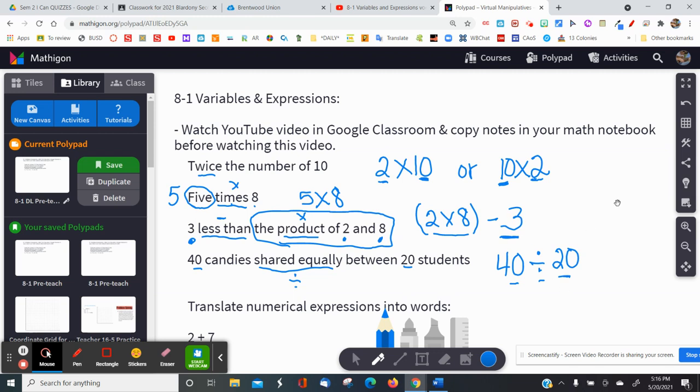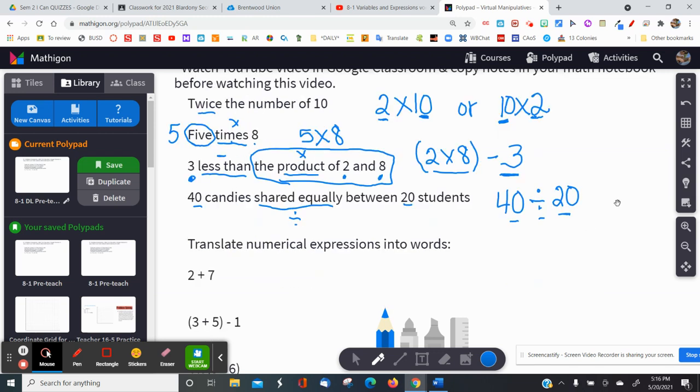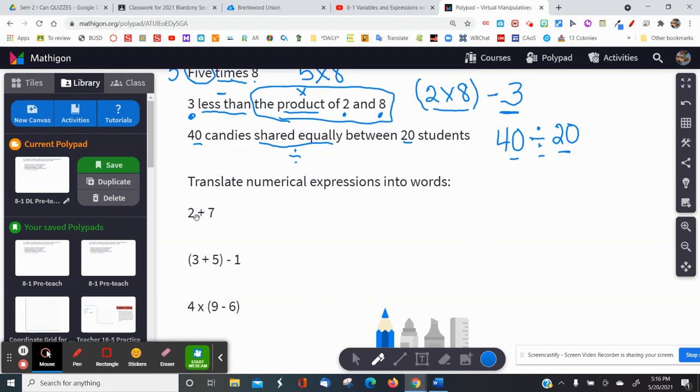Okay, so now we're going to work on doing the opposite. Now we're going to translate the numbers into word form. And there's more than one right answer here. So let's just attack this first one. When I read this problem, I see 2 plus 7. So I could literally write that phrase, 2 plus 7.